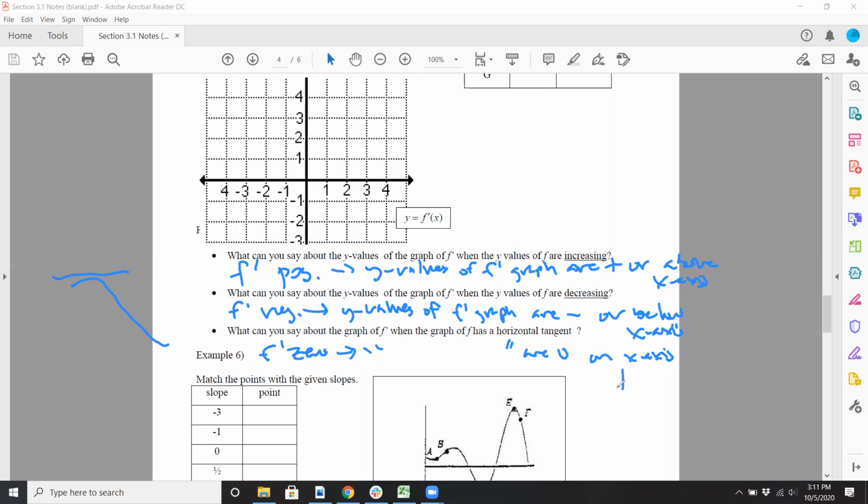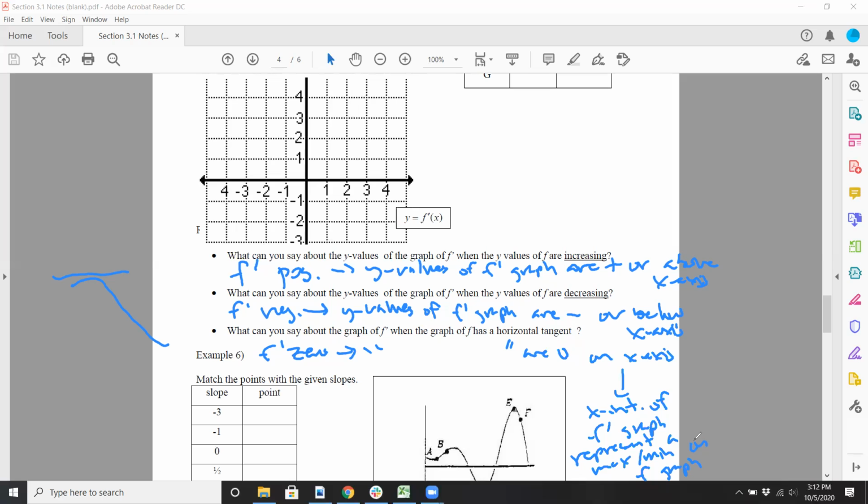What this tells us is that the x-intercept of f prime graph will probably represent a max or min on the f graph, the original function. That's going to be a key part of what we do this semester, and I'll make sure I mention it often in class.